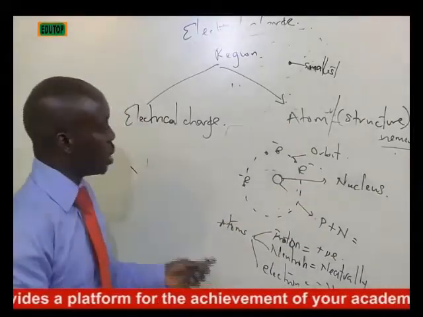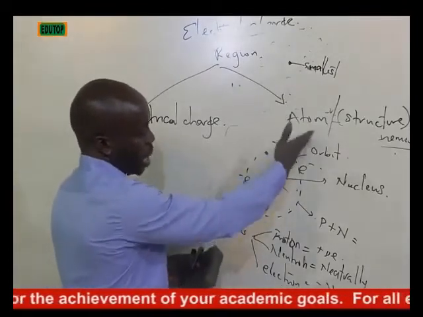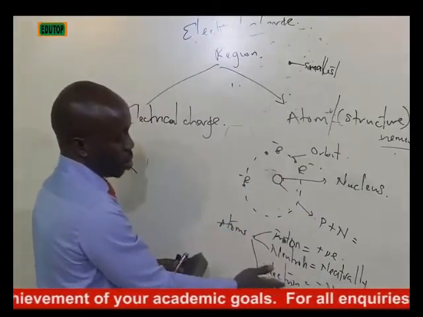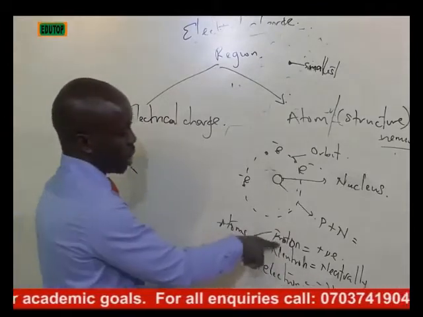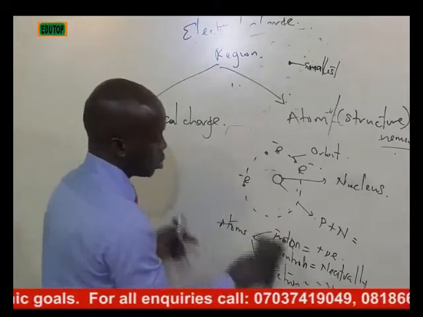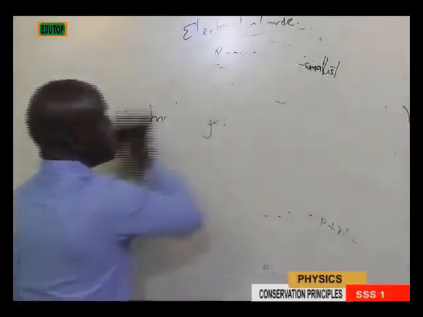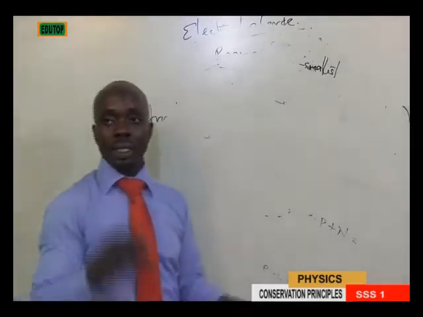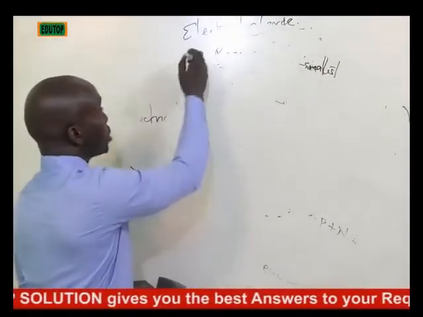Now, a scientist came up and said, okay, we have an atom. That atom consists of 3 major constituents, which are your proton, your neutron, and your electron. We later discovered that these constituents all have their own masses.